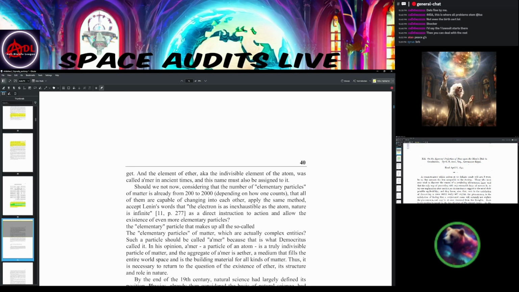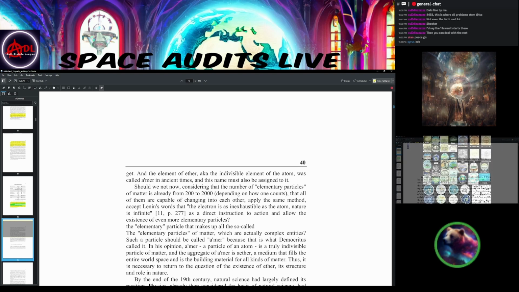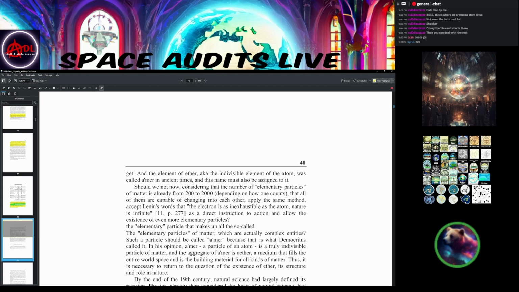And the element of ether, aka the indivisible element of the atom, was called amber in ancient times, and this name must also be assigned to it.